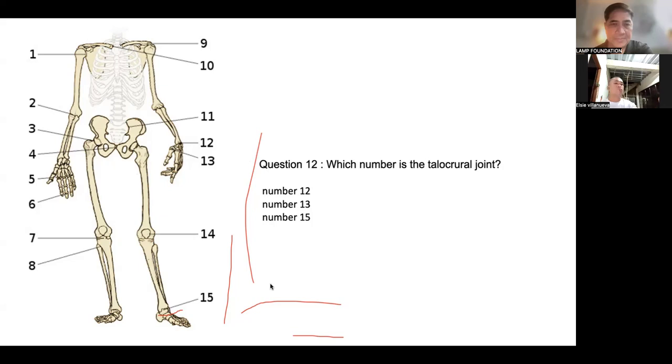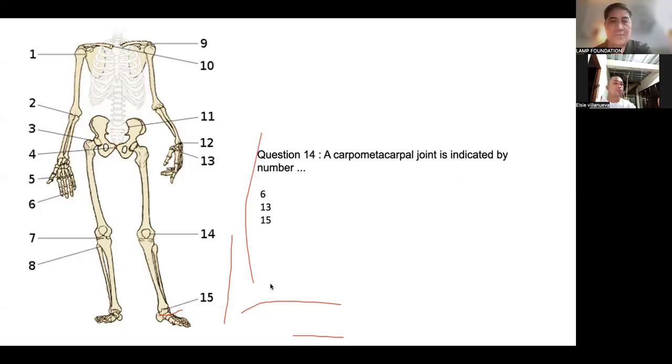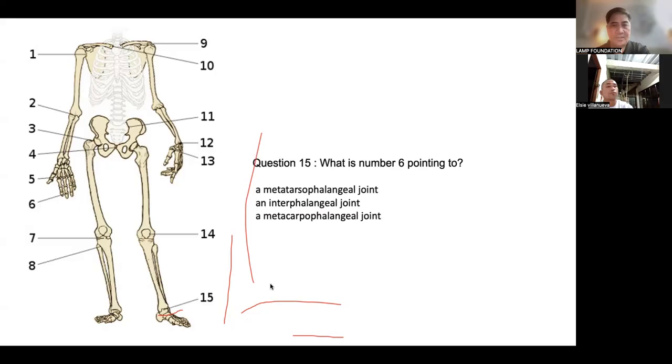It's number 15. 14, patellofemoral joint. Carpometacarpal joint. Number 13. Number 6, interphalangeal joints. Joint.